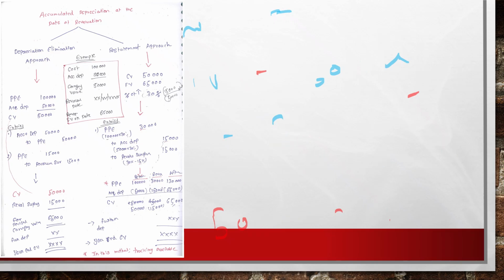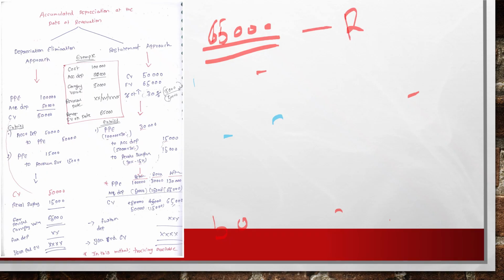So how will you show this in your books now? Now you see, your value is 65,000 now, and then this is another revaluation date.